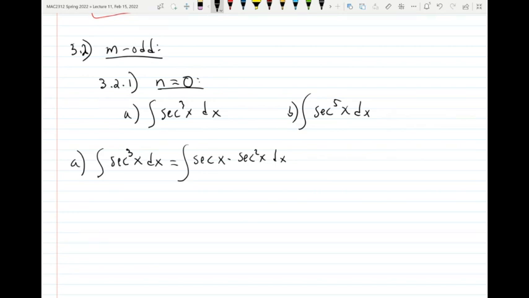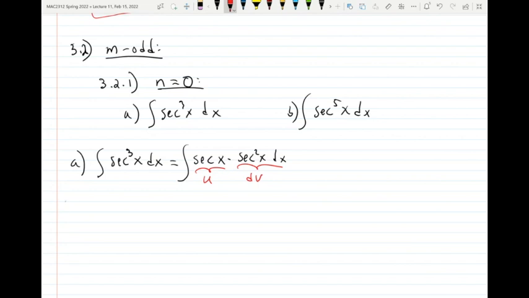It should be secant tangent, right? We don't have the tangent here. Oh no, I was talking about right here. What should be our dv? Secant squared, because that's the one with the nicest integral. I mean, if it doesn't work, we just erase. It's not a big deal. But the point is that here it's natural to let secant squared be your dv. So this will be our dv and this will be our u.